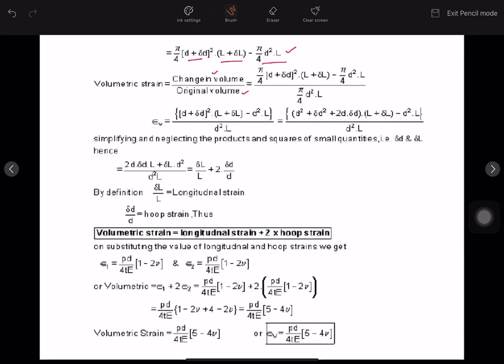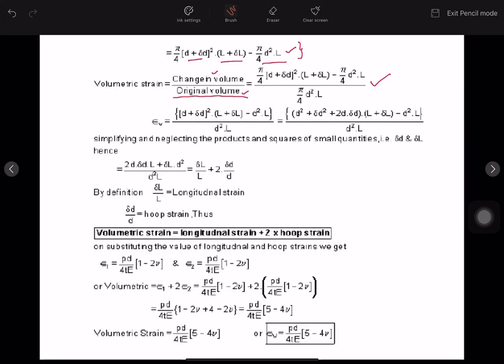This will be our change in volume equation, and the original volume equation we already have. If we substitute those into this equation, we will get this particular relation.